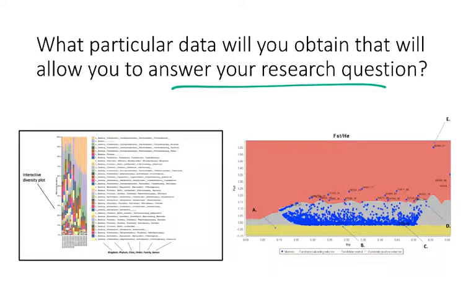An example of this could be something like outlier SNPs. Maybe you're going to identify outlier SNPs, and that's the data that you're going to get to allow you to answer your research question. This image on the right we've shown a few times. Each one of these blue dots in the red region is an outlier SNP.